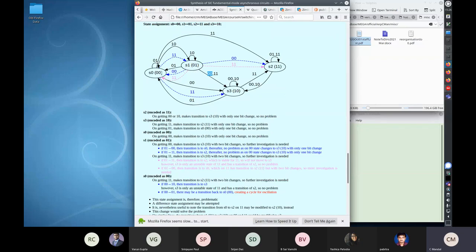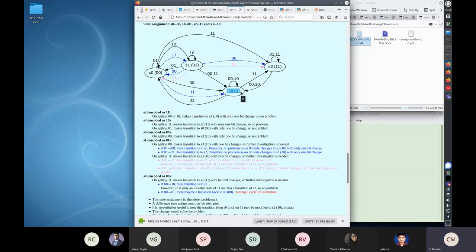Now the moment it is 0 0, on the input 0 0, it makes a transition to S3. Thereafter, on 0 0, it changes to S3 with only 1 bit change. So it ultimately comes to S3.